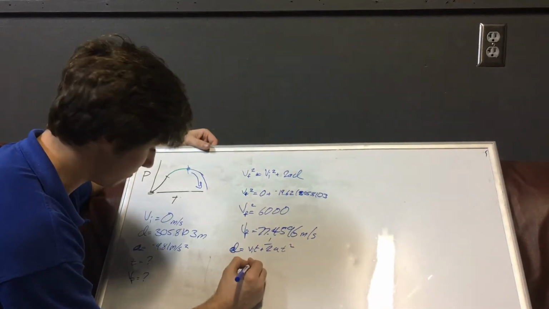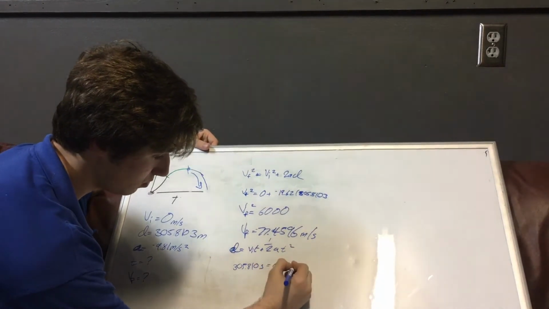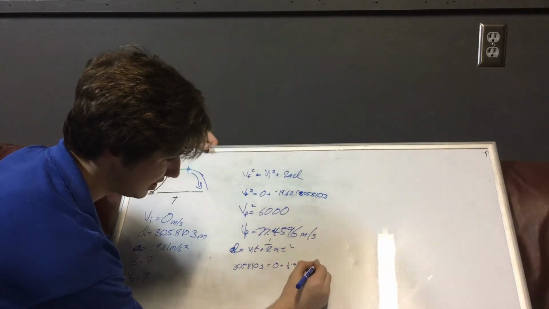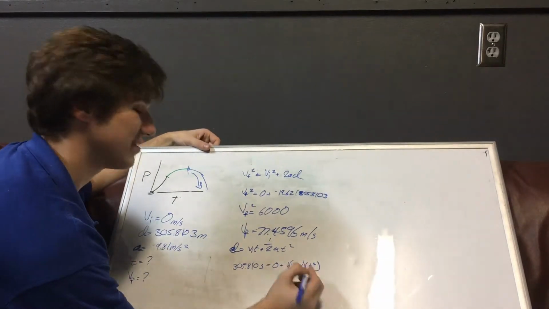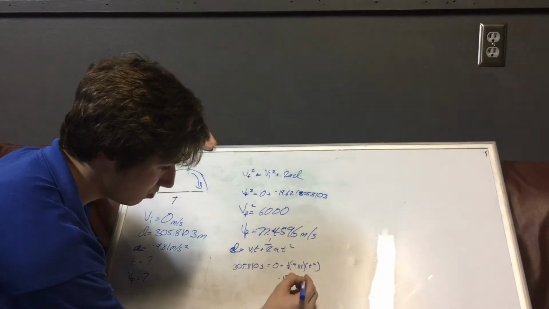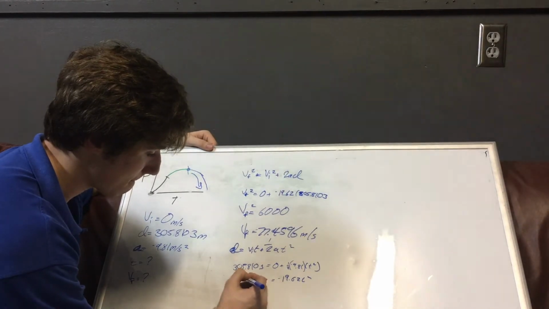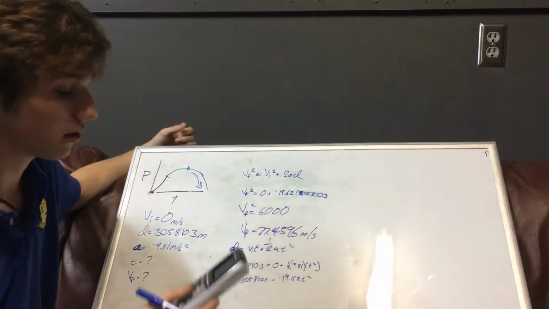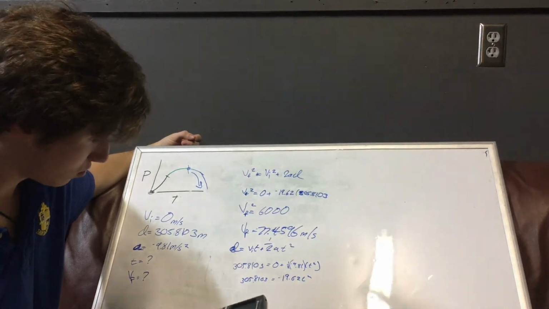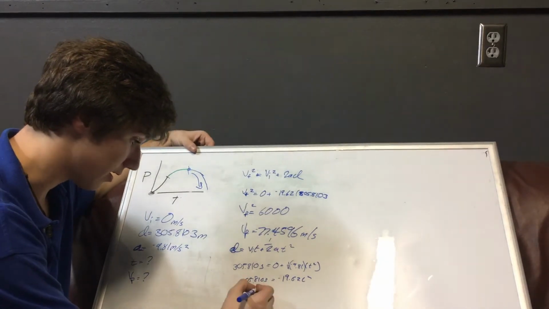So 305.8103 equals 0 plus 1/2 times 9.81 t squared. Negative 19.62, which gives you a time.